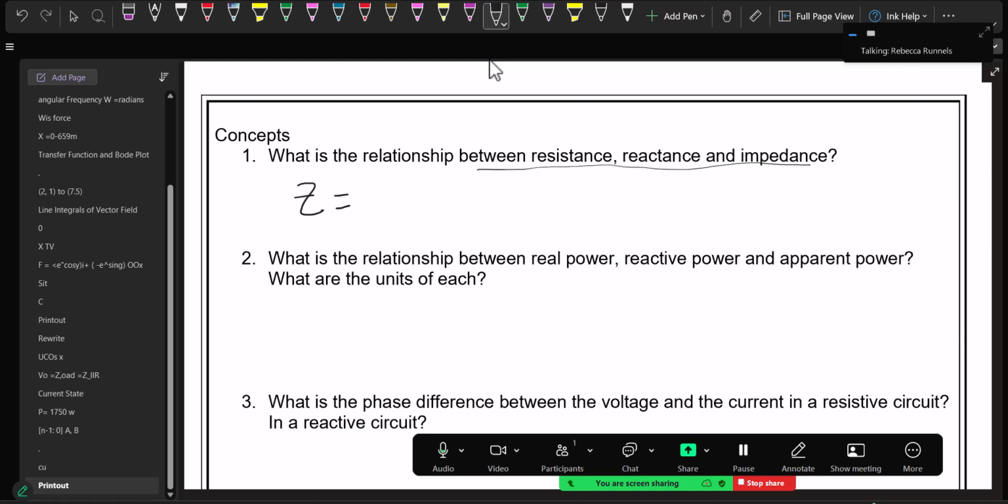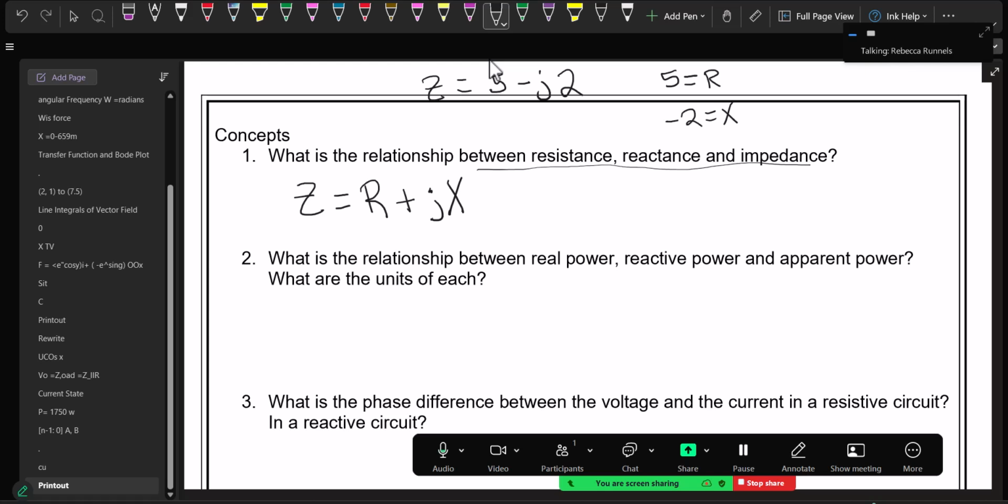Okay, so impedance is Z, resistance is R, and reactance is X. So when you're writing the impedance of something, if it is 5 minus j2, if that is your impedance, then the resistance is 5, and the reactance, which has the symbol X, is minus 2.